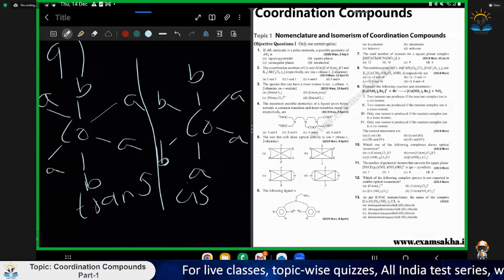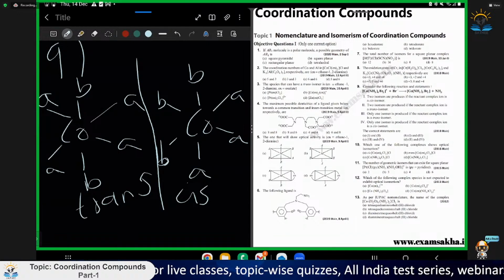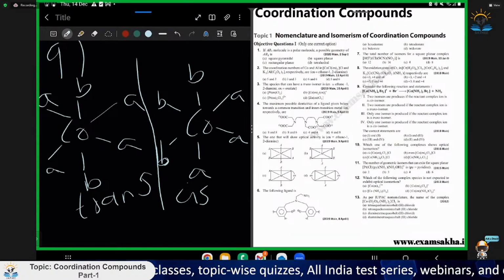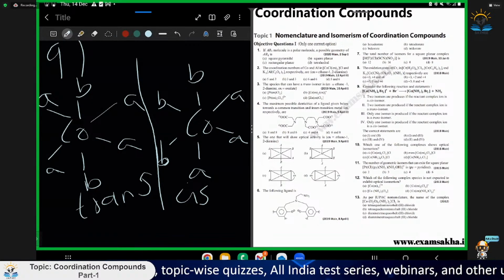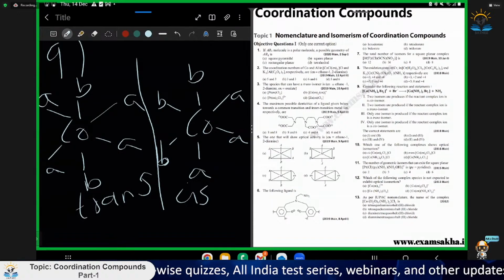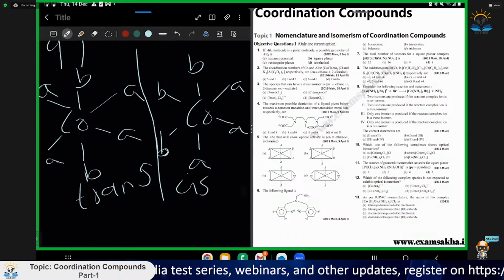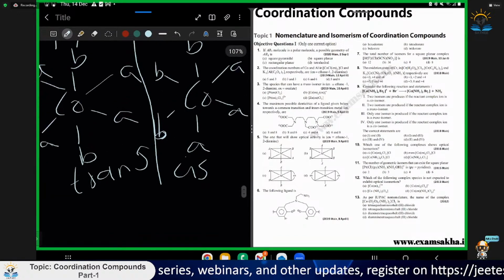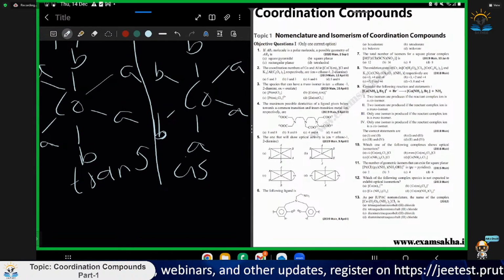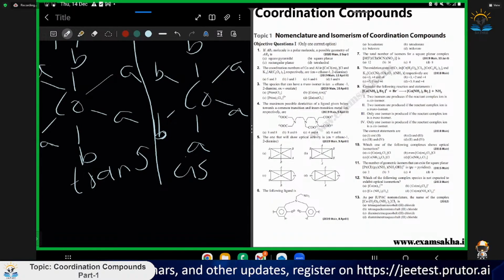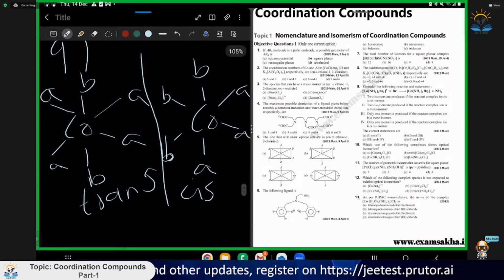And does your fac isomer have symmetry? In the middle, symmetry. I don't think this has a plane of symmetry. No, no, no, you do have a plane of symmetry.